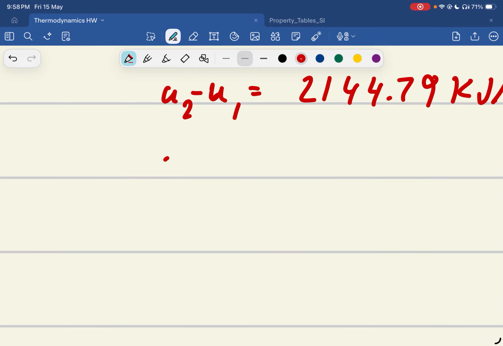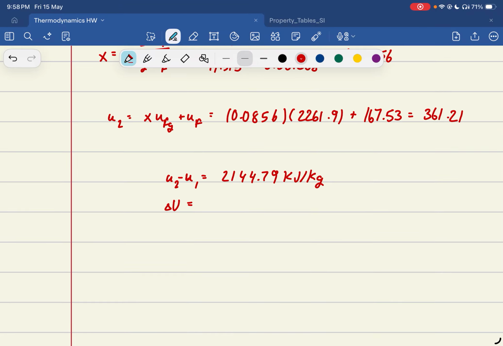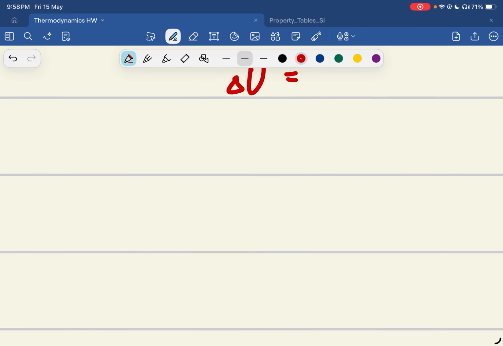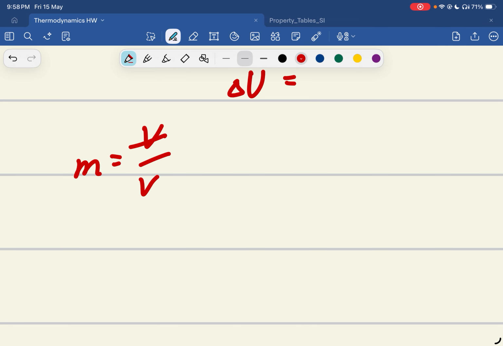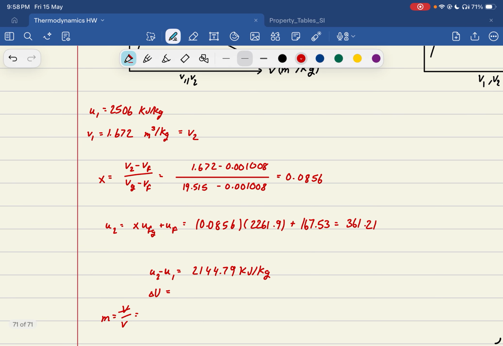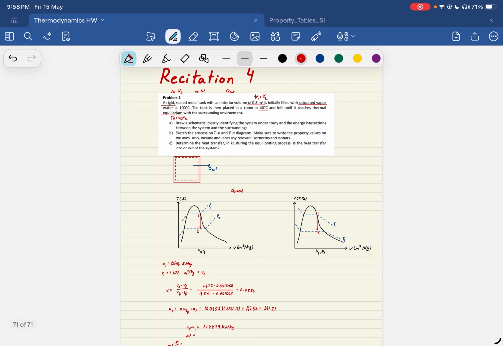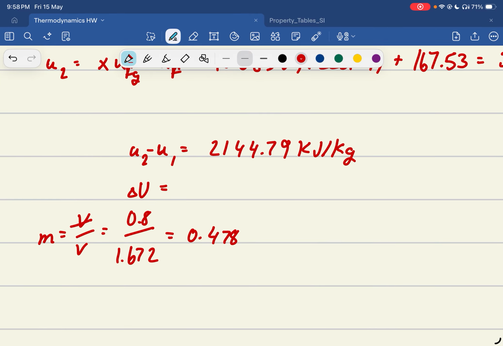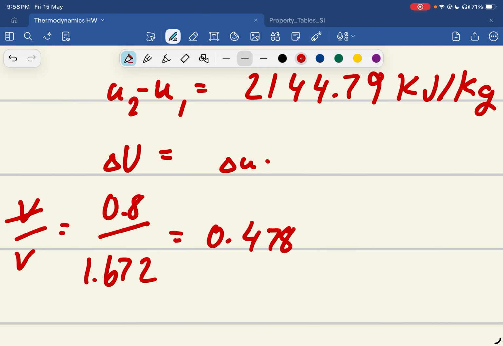We want the change in capital U, so we multiply by the mass, which we can find by capital V over little v, that is 0.8 divided by 1.672, which is 0.478. Then we multiply delta u times mass, and it would be 1026.21.